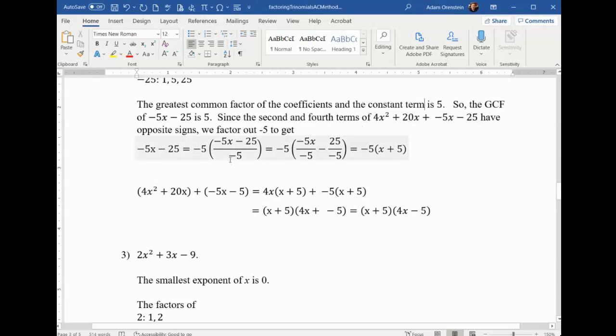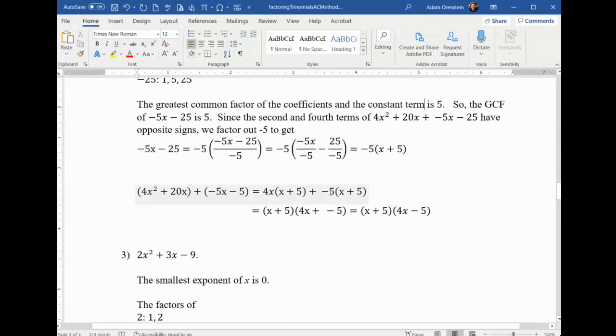So we're going to factor out -5, and so we have -5 times this divided by -5. Doing so, we divide into each term as before. In the first quotient, we just get x because the -5's cancel. Here we have +5. Really, we have minus -5, but that's the same as 5.